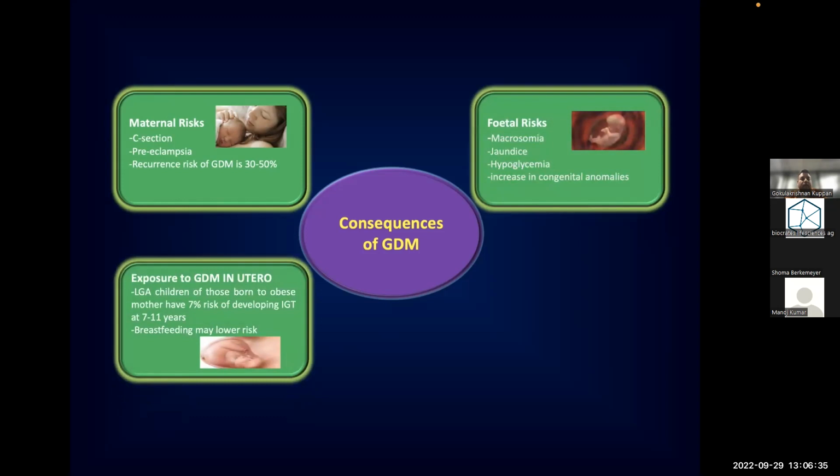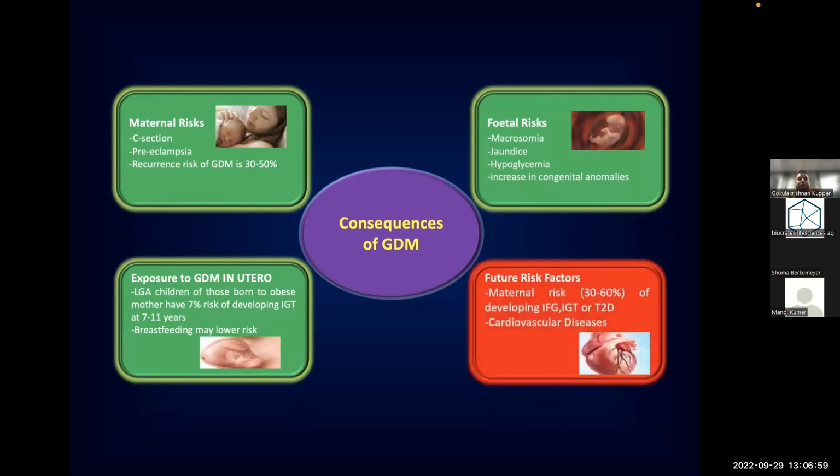How is the in utero part affected? There could be LGA, and children born to obese mothers have a 7% risk of developing impaired glucose tolerance at around 7 to 11 years of age, and maybe breastfeeding may lower this risk.